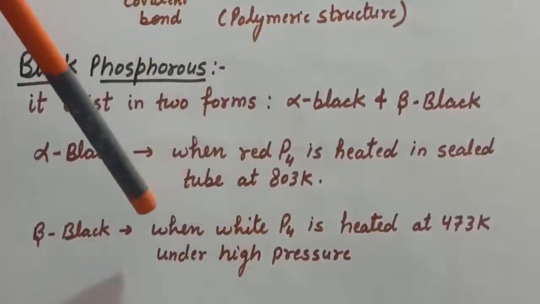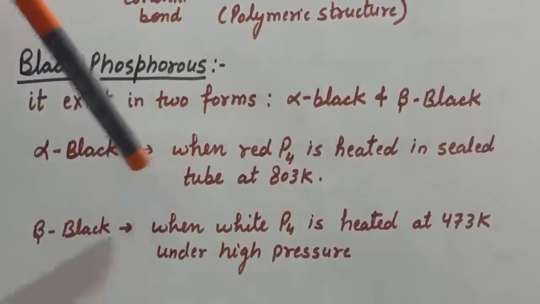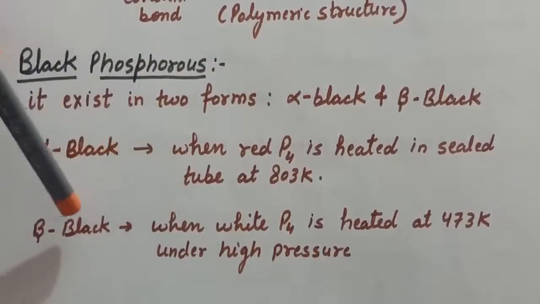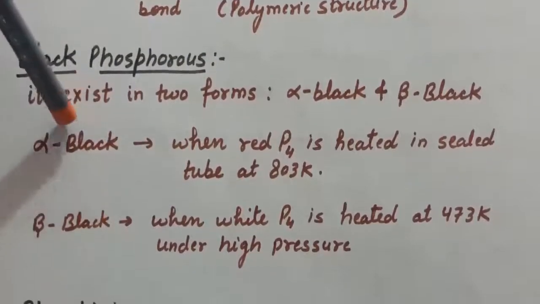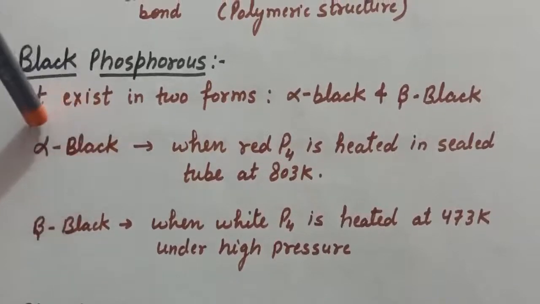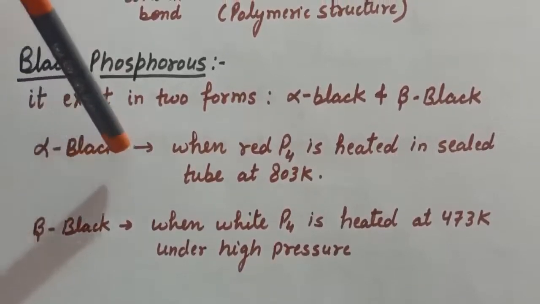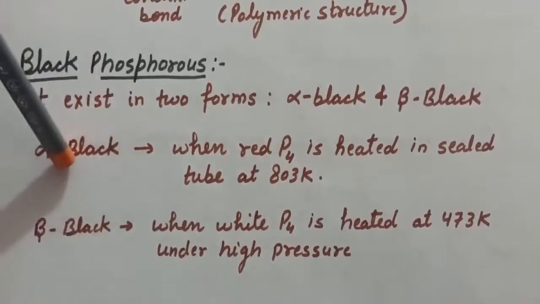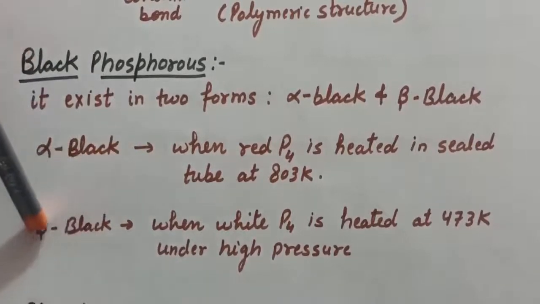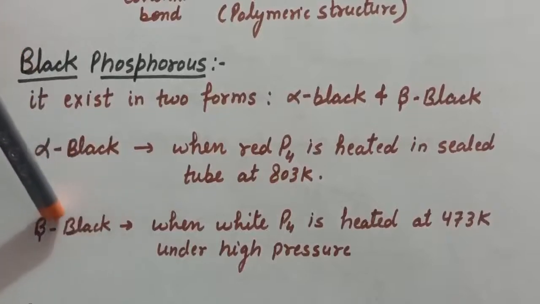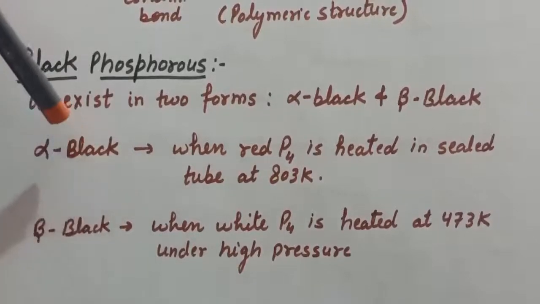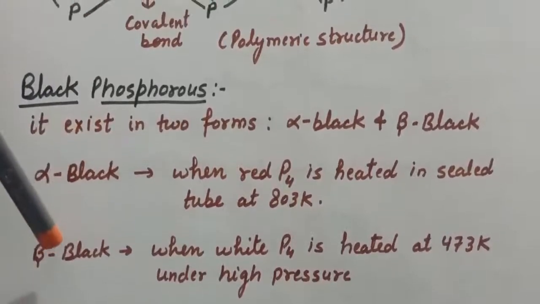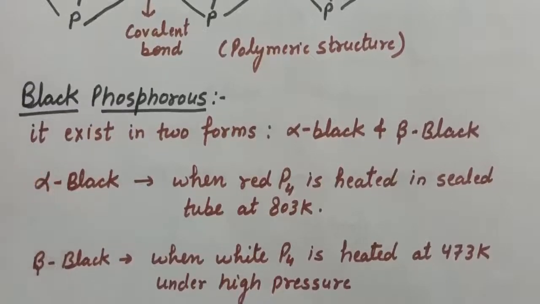So these are the preparations of alpha black phosphorus and beta black phosphorus. Now the structure of alpha black phosphorus is rhombohedral, and the structure of beta black is orthorhombic.